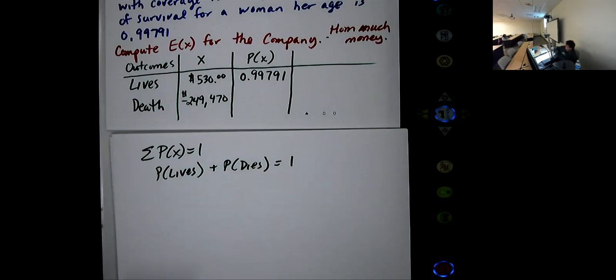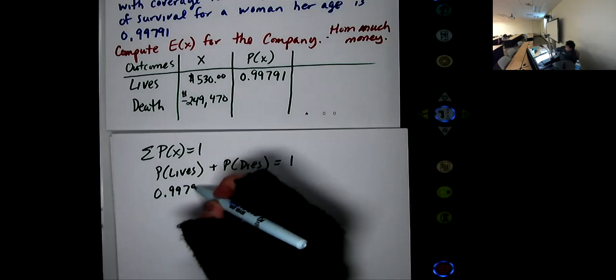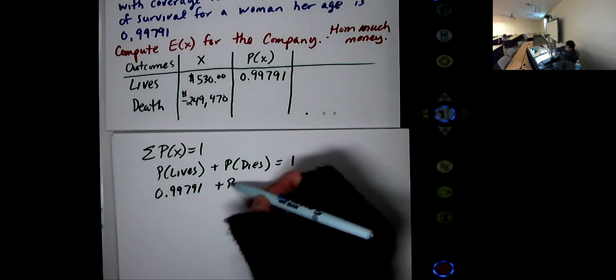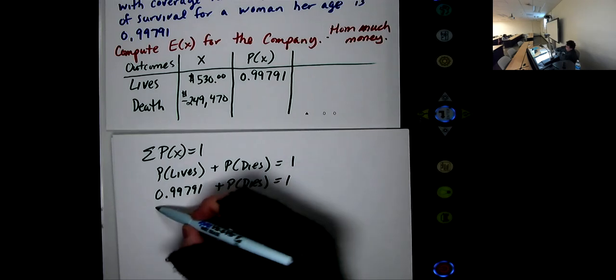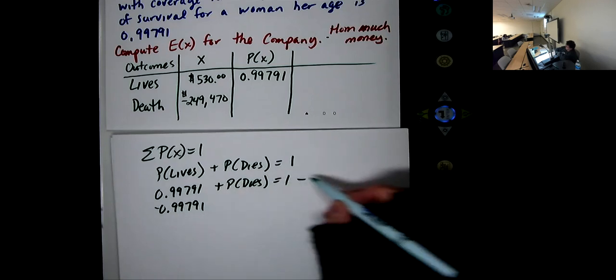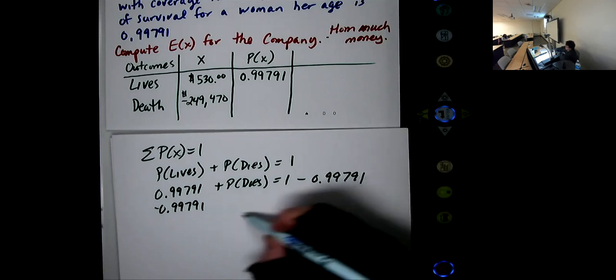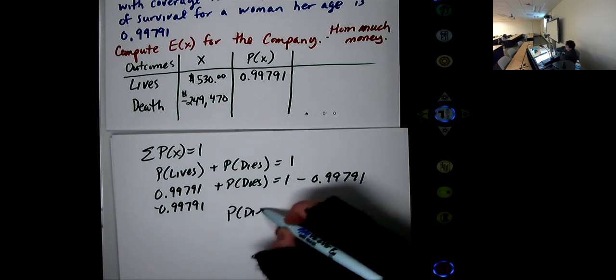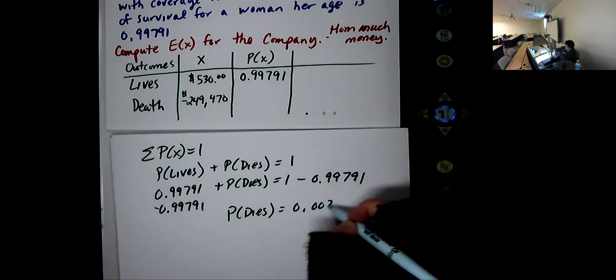I know the probability of her living. So if I subtract the 0.99791, I'm left with the probability that she dies, which is 0.00209.